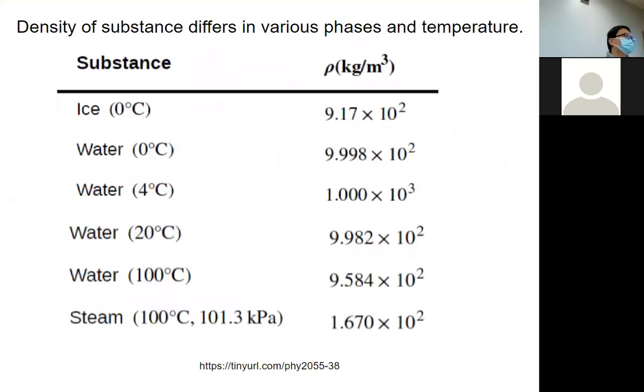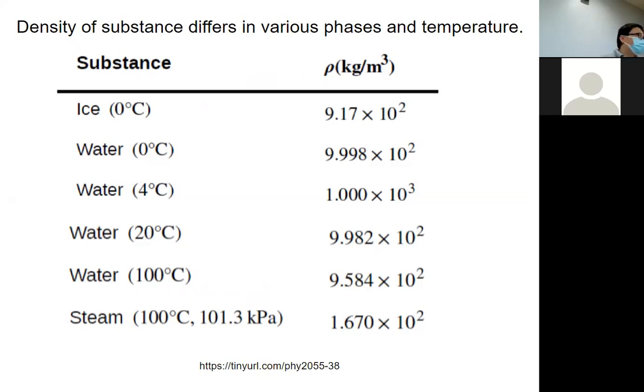Now, for most materials, the density varies as temperature increases. Actually, the density decreases as temperature increases, because when temperature increases, the volume, the dimension, will expand, right? But the mass M stays the same. So you typically expect that when temperature is higher, density is lower.